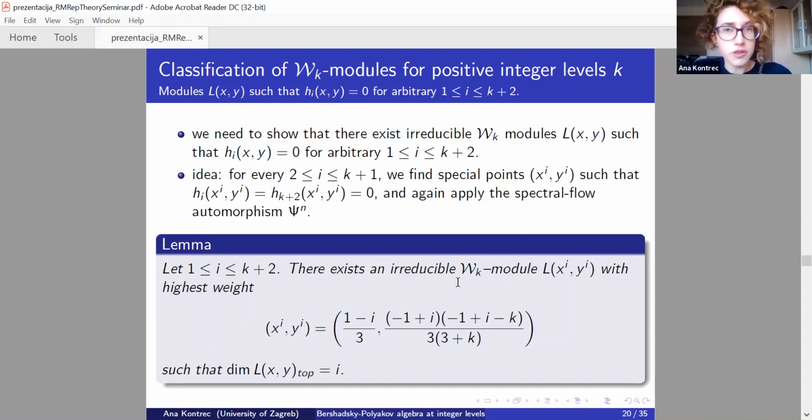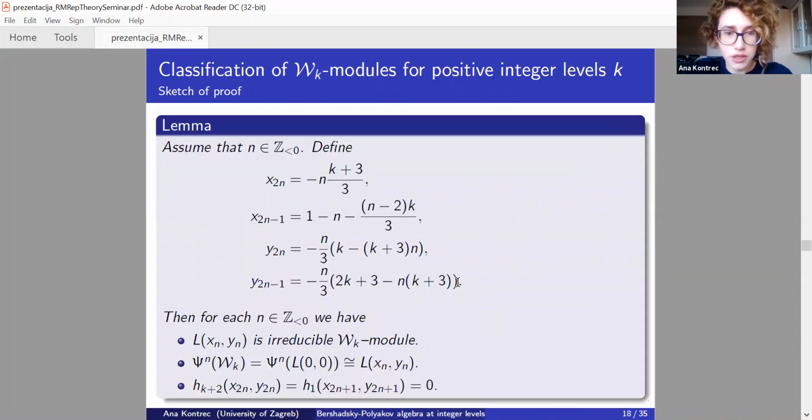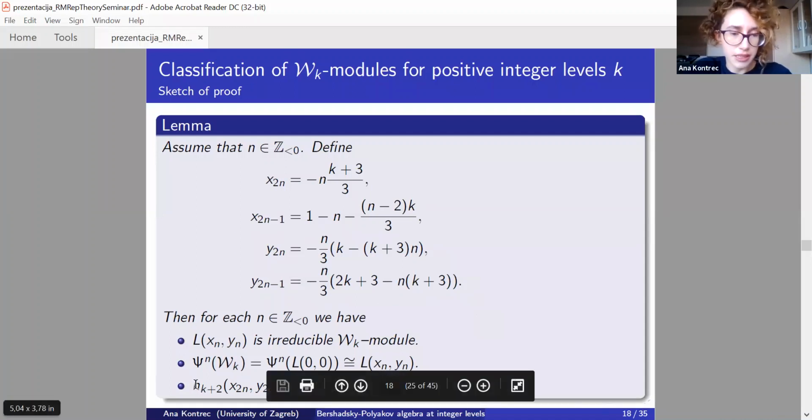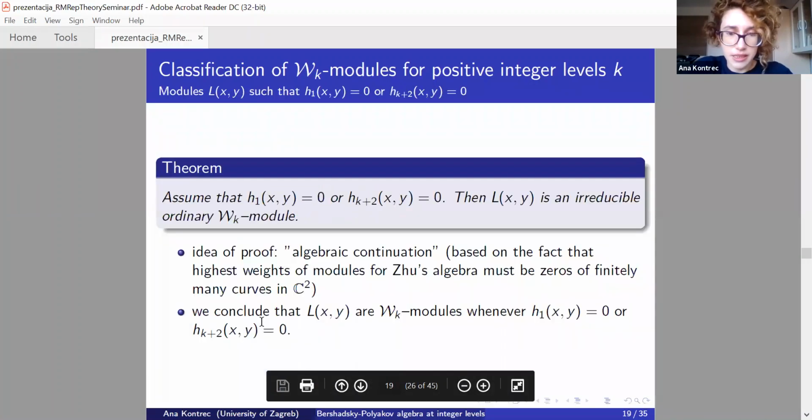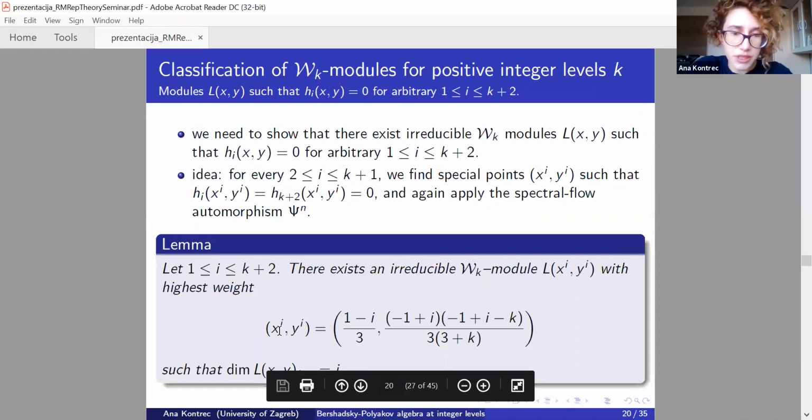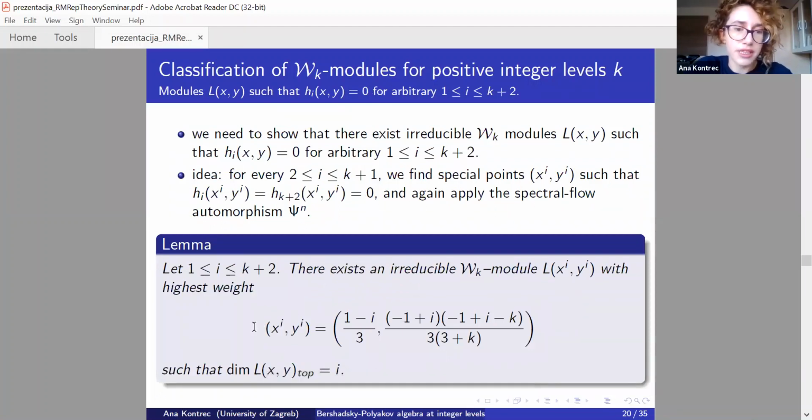Those first constructions got us the zeros of h1 and hk plus 2. And then with this point, which was not from L00, we get all the zeros of the curves in between, so for i between 2 and k plus 1.